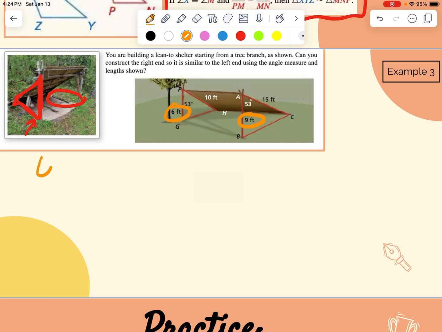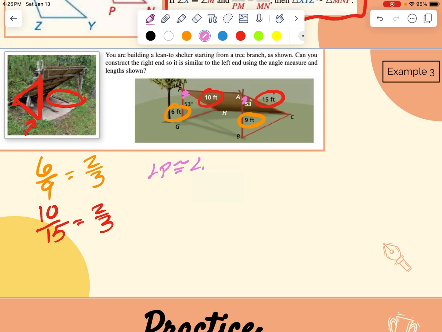If we have 6/9, that's going to simplify to be 2/3. And let's look at the red side, 15 and 10. If we have 10/15, that's also going to simplify to be 2/3, so that's a good sign. And then the angle in the middle, this 53 degrees is referring to this angle in the middle. So since angle P is congruent to angle A, then we know that we have side, angle, side, and that those two triangles are similar.